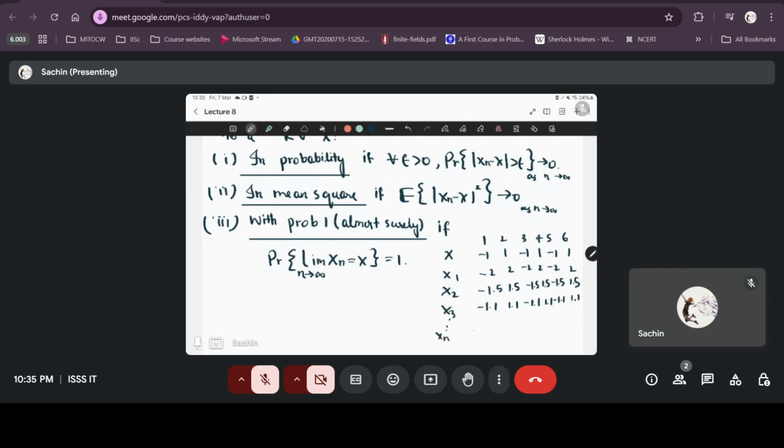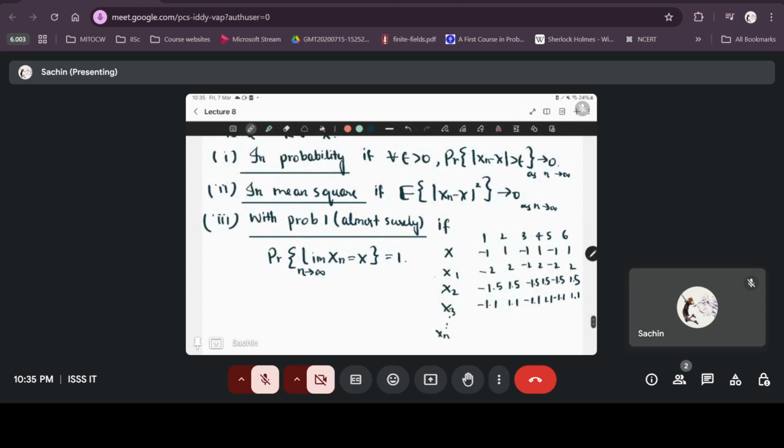So as n goes larger and larger, the value of xn approaches x. Now, for mean square error, you have to find the mean value. Mean value is 0, and the difference.